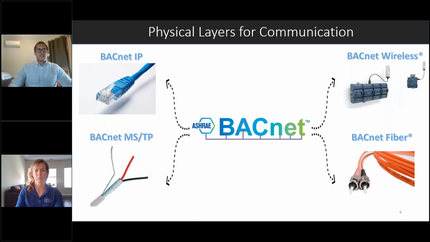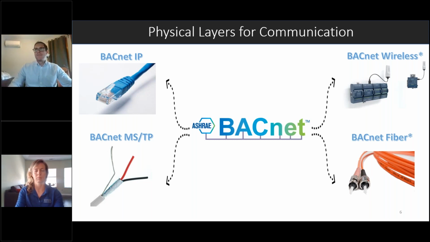I think as BAS systems have started to interact more and more with IT systems, you've seen a lot more traditional IT technology and layers of communication being used to communicate the BACnet protocol.